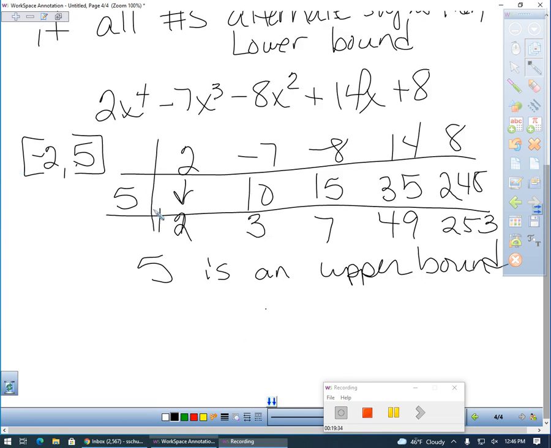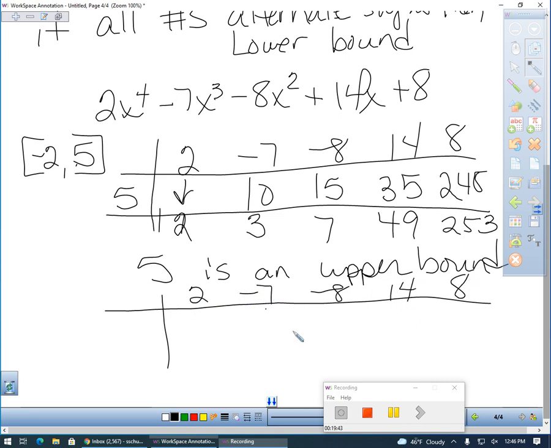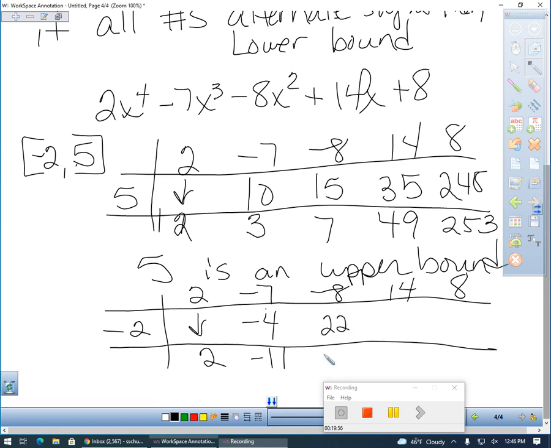Let's do it again with our -2. So I have 2, -7, -8, 14, and 8 again. And this time I'm going to use -2. I bring down my 2. -2 times 2 is -4. Add those together, I get -11. -2 times -11 is positive 22. Add those together, I get positive 14. -2 times 14 is -28.